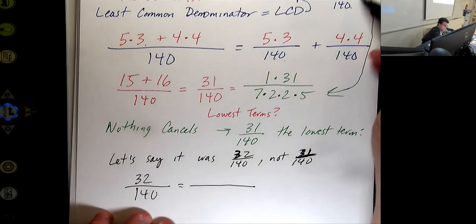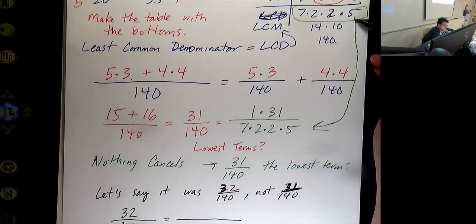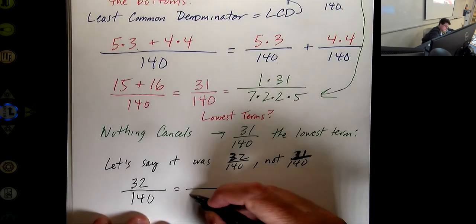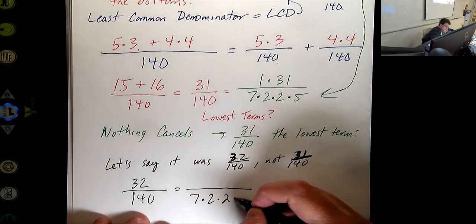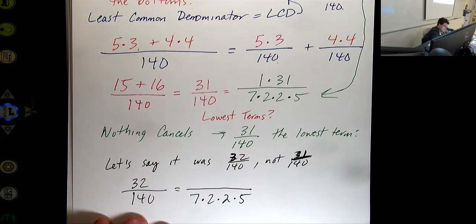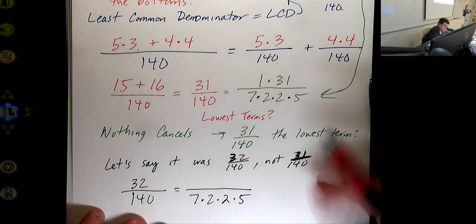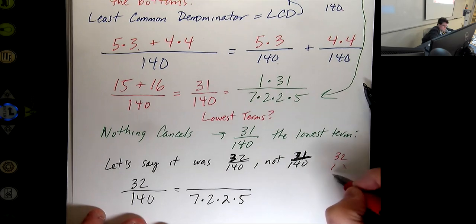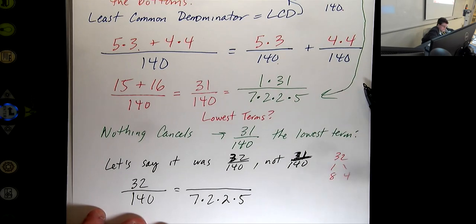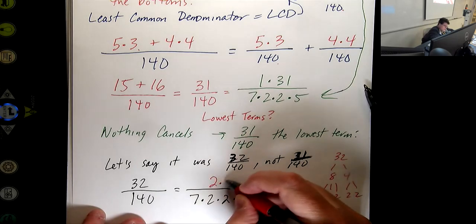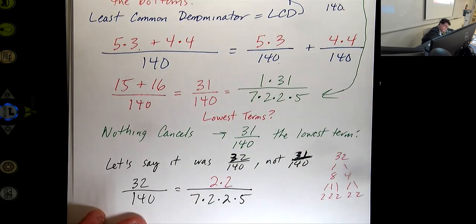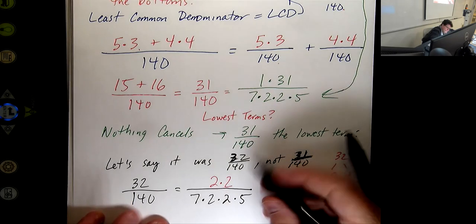Well, 140, I already know the values. 140 is the values up here. So I'm going to use the values I have from the chart, and that just simplifies it. Now 32, we can factor. 32 is 8 times 4. And 8 is 2 times 2 times 2, and 4 is 2 times 2. So I've got 2 and 2 here.